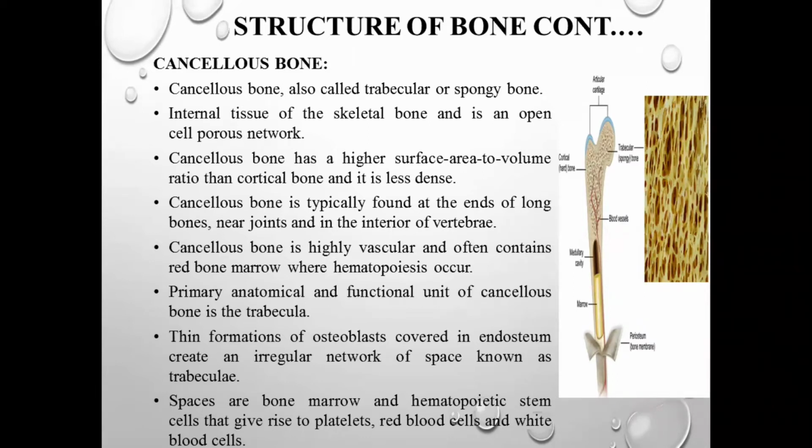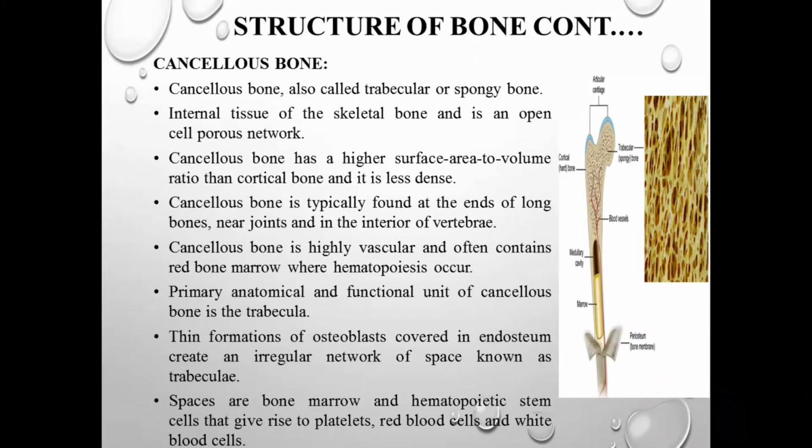So that means the lot of pores are going to be filled with a lot of blood vessels. Highly vascular in the sense that it is supplied by blood vessels, and it is also filled with red bone marrow, which helps in the production of RBCs, and these RBCs will be carried by the blood vessels which vascularize the spongy bone.